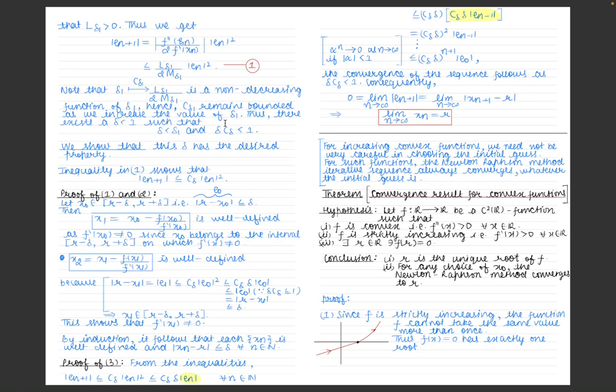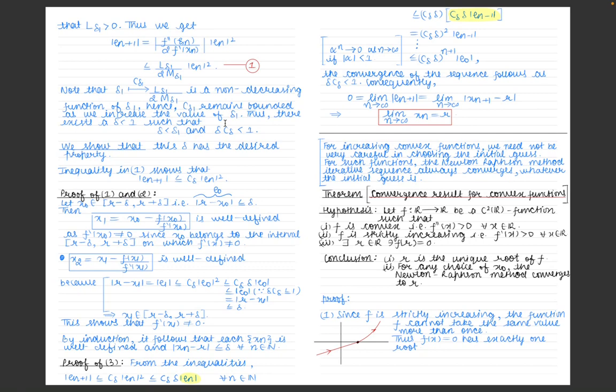Now let x naught belong to r minus delta to r plus delta. So that is, x naught minus r, okay because center is r, so r minus x naught is less than or equal to delta. Then you see x1 is what?